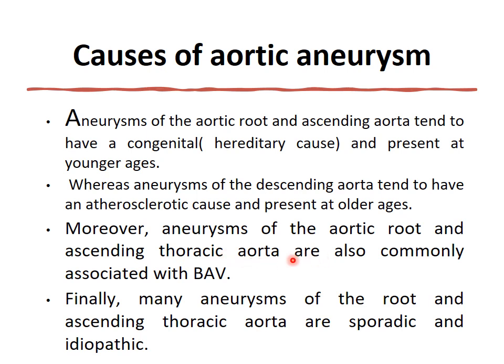Aneurysms of the aortic root and ascending thoracic aorta are also commonly associated with bicuspid aortic valve. Finally, many aneurysms of the root and ascending thoracic aorta are sporadic and idiopathic in origin.